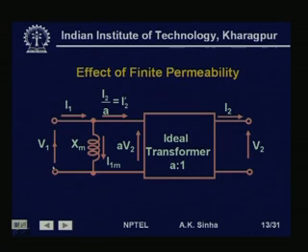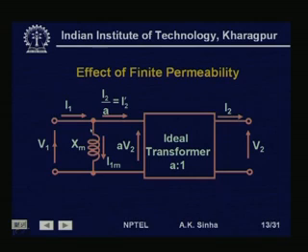So, if we have a voltage V1 applied and we have a reactance Xm representing this magnetization or the finite permeability, then we will have a current I1m flowing through this, and this I1m will be lagging the voltage by 90 degrees.